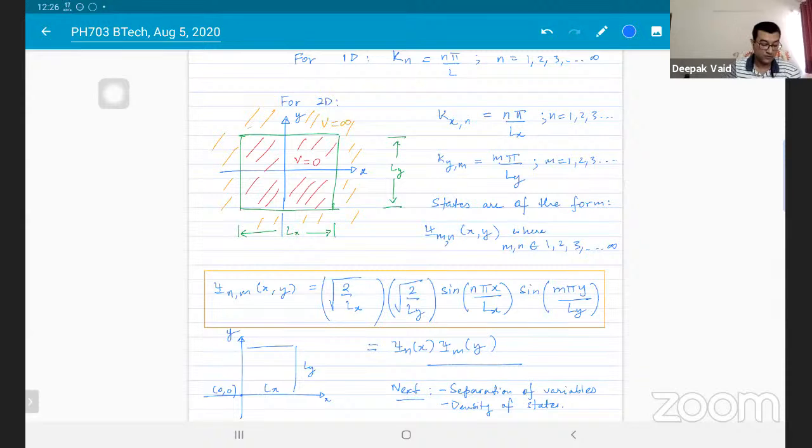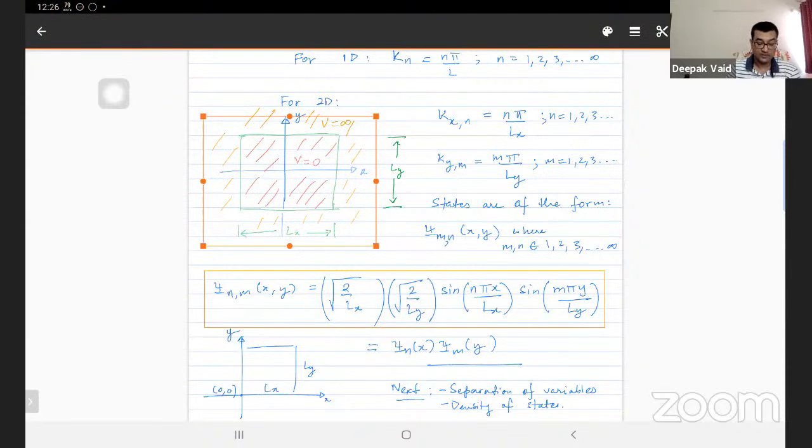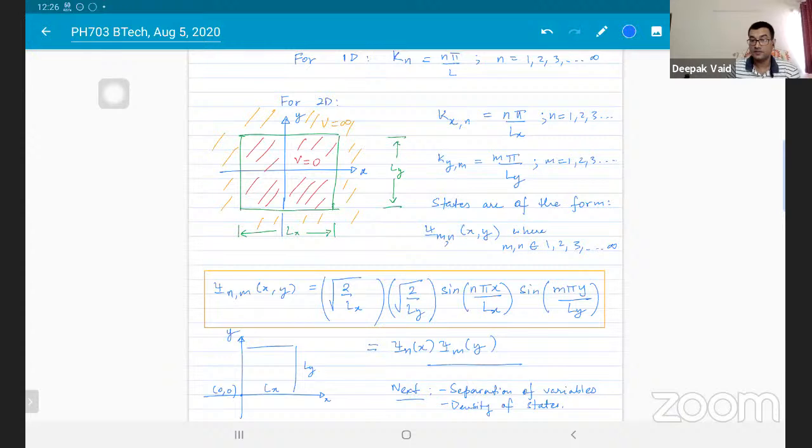What if the boundary of this potential well is a circle? In that case, your problem has circular symmetry, so you should use a coordinate system adapted to the symmetry of your problem. And there you will not get such a simple product state. You will get some more complications.